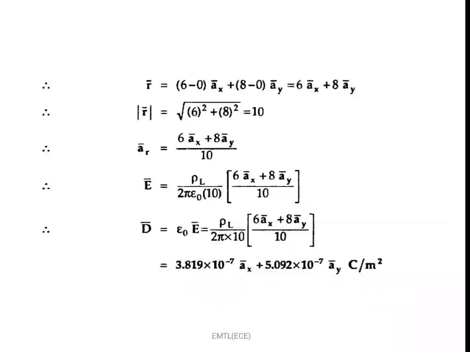So finally we get the answer: D bar is equal to 3.819 into 10 power minus 7 AX bar plus 5.092 into 10 power minus 7 AY bar coulomb per meter square.